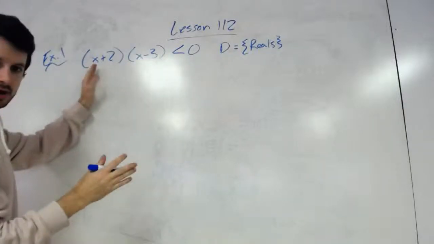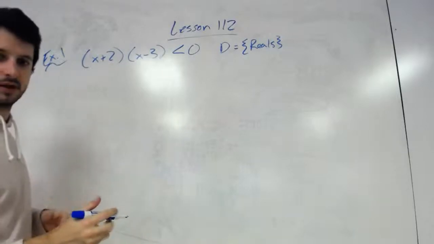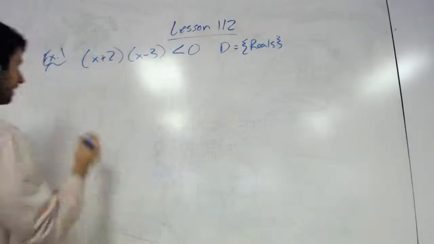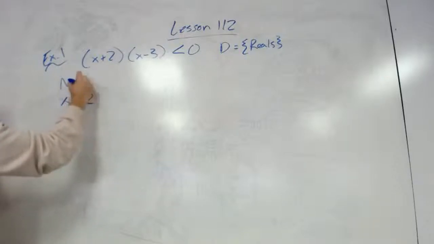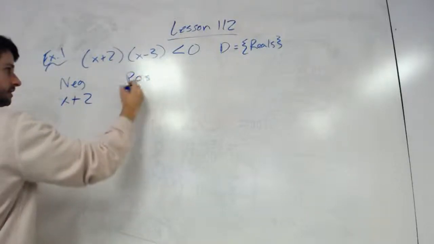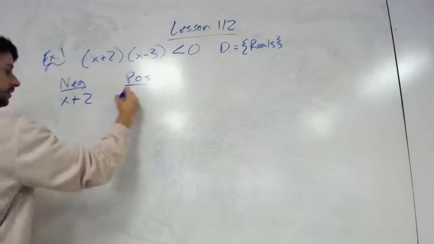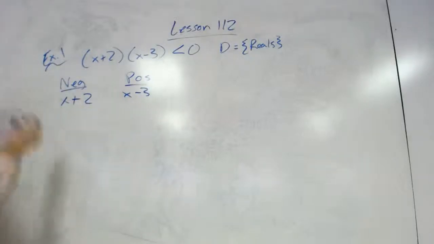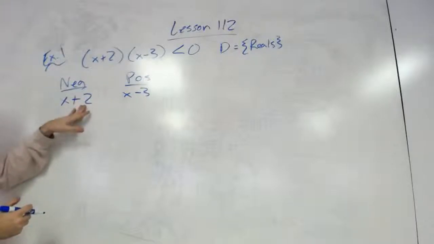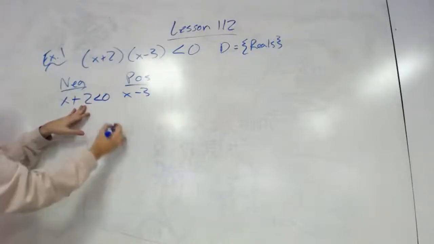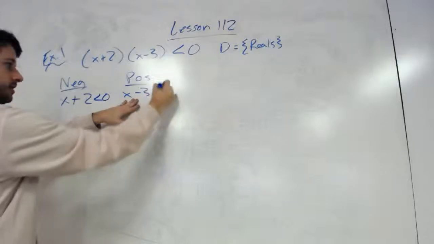So what we know it has to be is negative. There's two different ways we can try this. We can look at x plus 2 and say this is negative times the positive. So what I mean by this, if we want this to be negative, we would say less than 0, greater than 0.